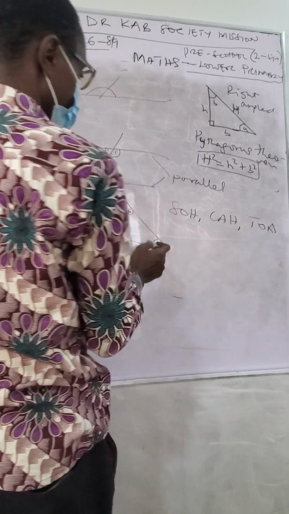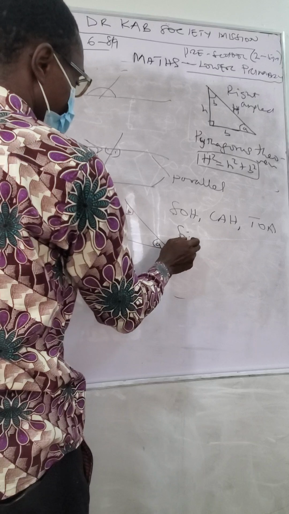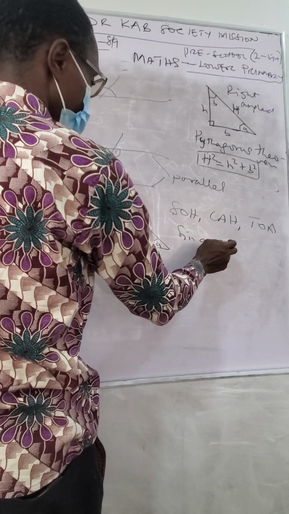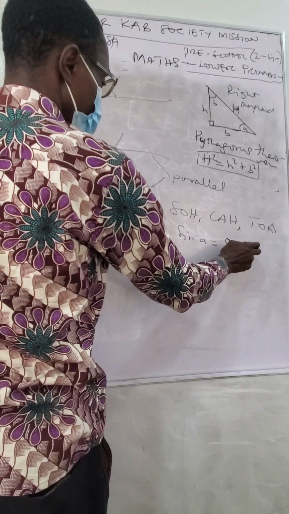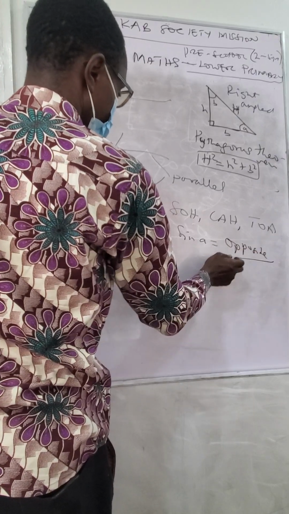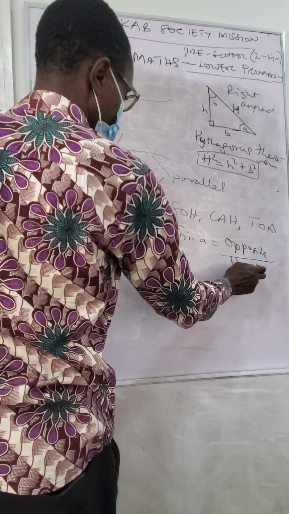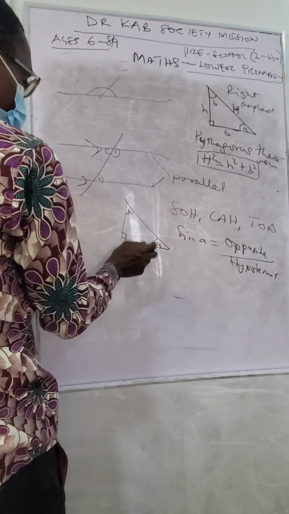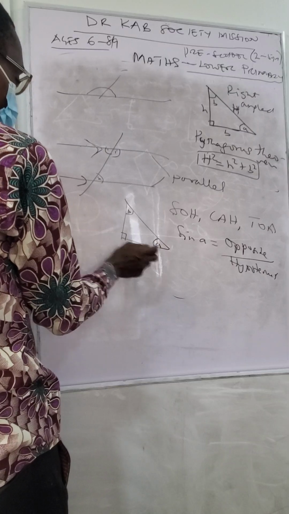Now, sine of the angle A. Let's say sine A is equal to opposite over hypotenuse. It means if this is A, the side facing it is the opposite.